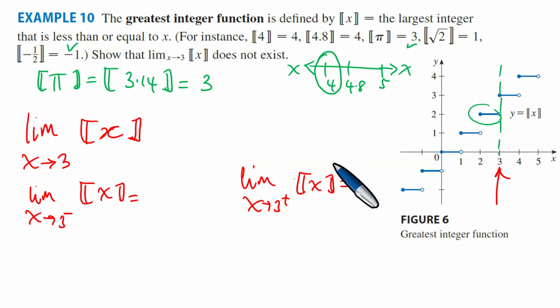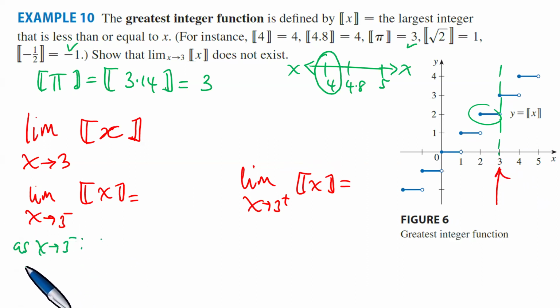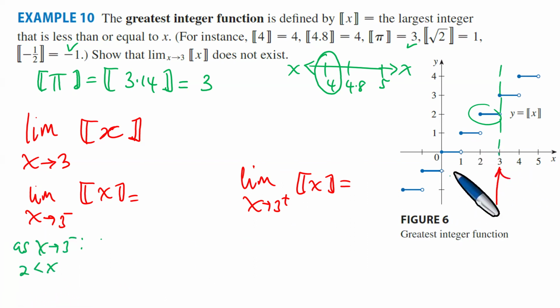Right. So in other words, as x approaches 3 from the left, clearly we are able to see that from the left means you can actually do this. So as x lies between 2 and 3, from the left of 3 would be 2.